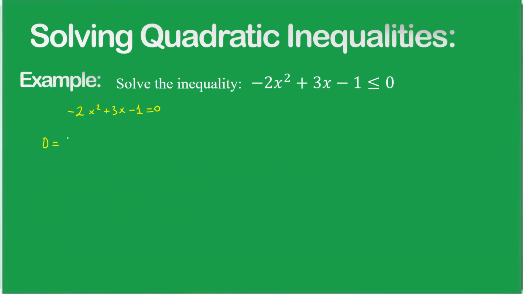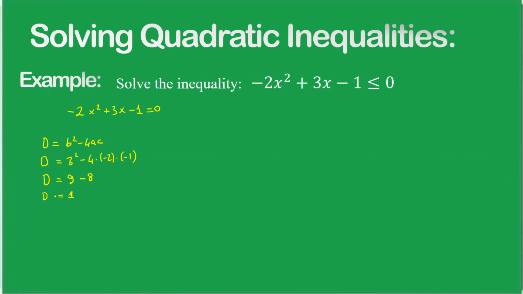The discriminant is b squared minus 4ac. So d is 3 squared minus 4 times minus 2 times minus 1. The discriminant is 9 minus 8, so the discriminant is 1.